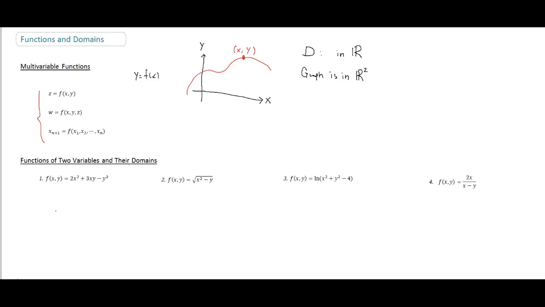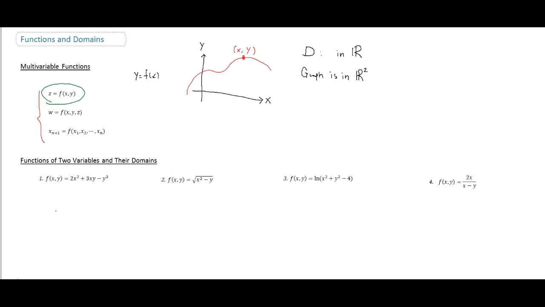Now, what makes it more challenging in this class is that what we want to visualize now sits inside higher dimensional spaces. For functions of two variables, like this one right here, the input is an ordered pair x comma y, so the domain is inside the two-dimensional space R2.